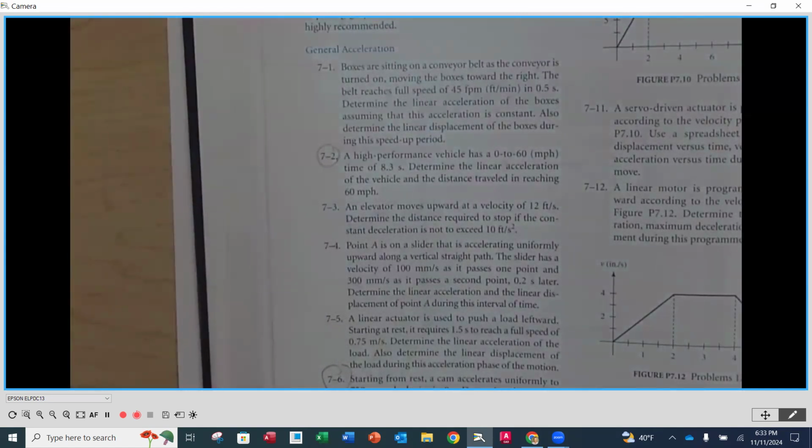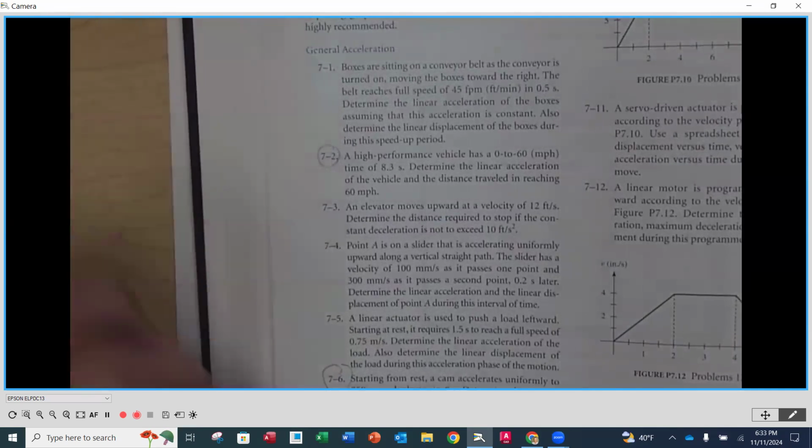Put it in feet per second squared, that kind of thing. Do it in consistent units, so for instance feet per second squared, inches per second squared, that kind of thing.